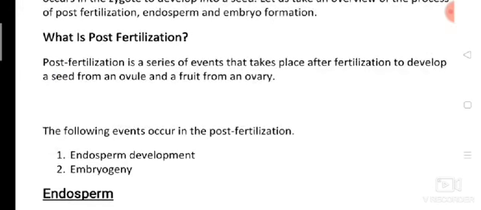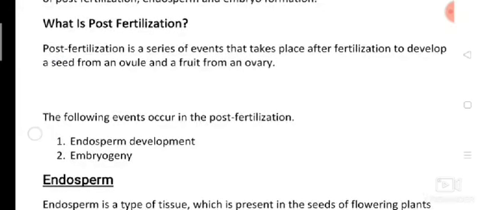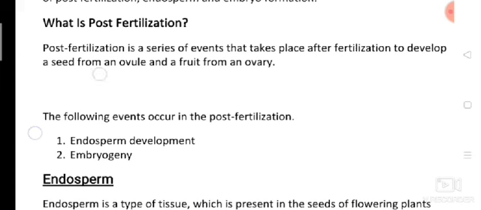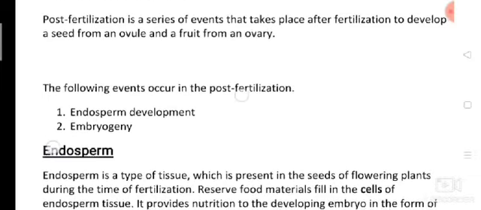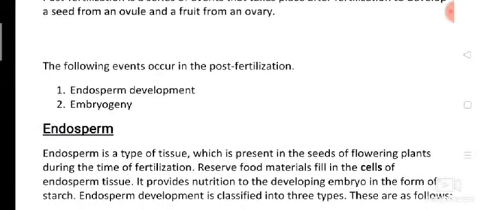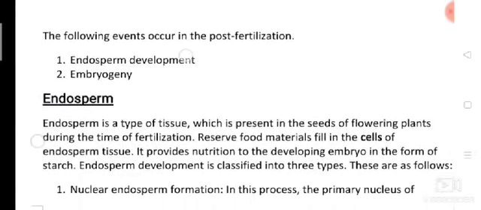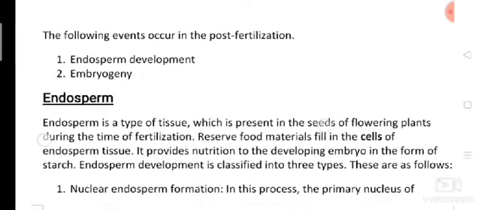What is post-fertilization? Post-fertilization is a series of events that take place after fertilization to develop a seed from an ovule and the fruit from the ovary. The following events occur in post-fertilization: endosperm development and embryogeny.